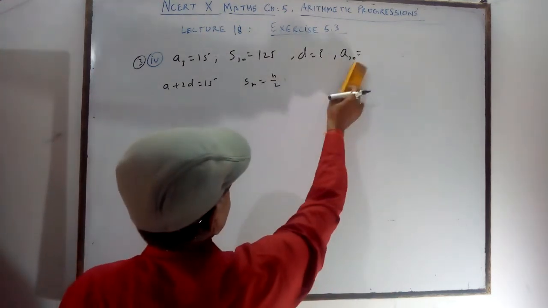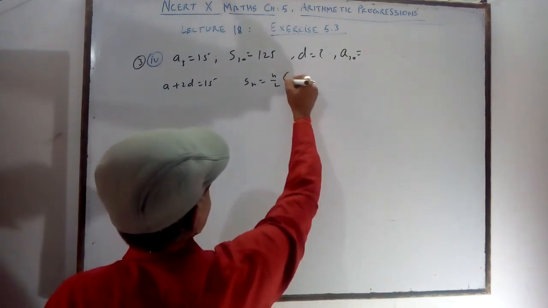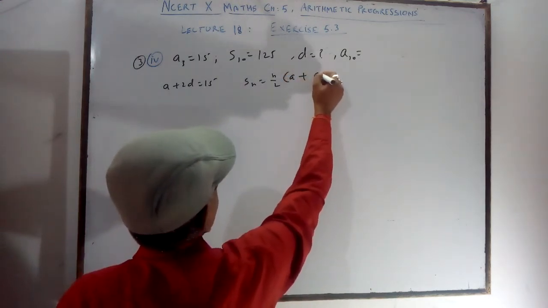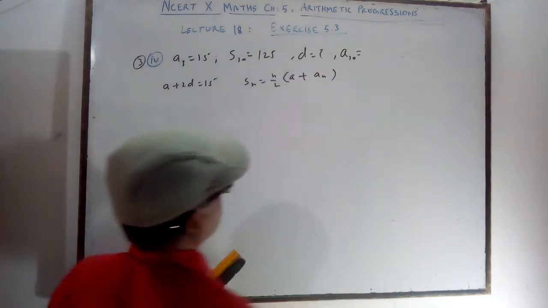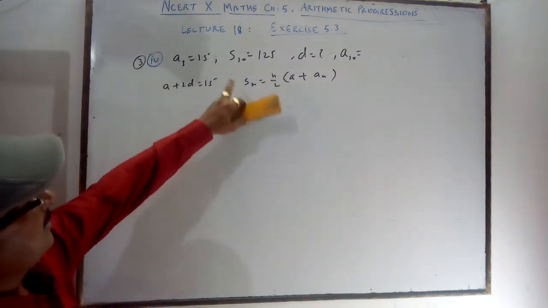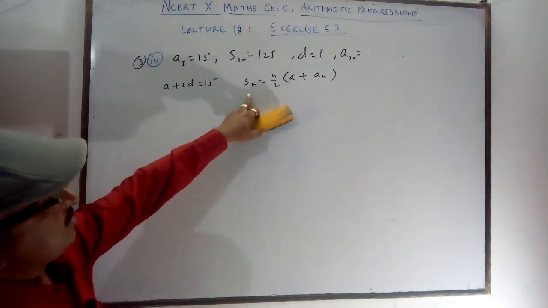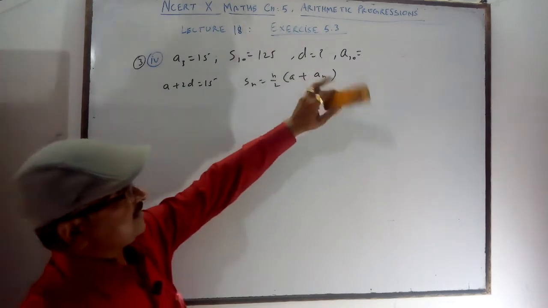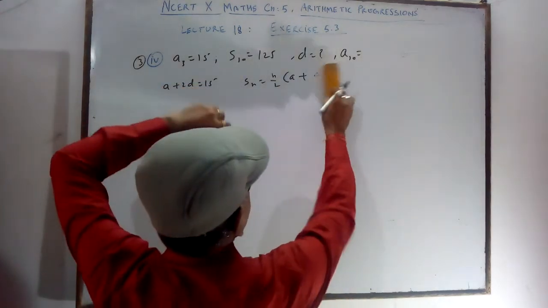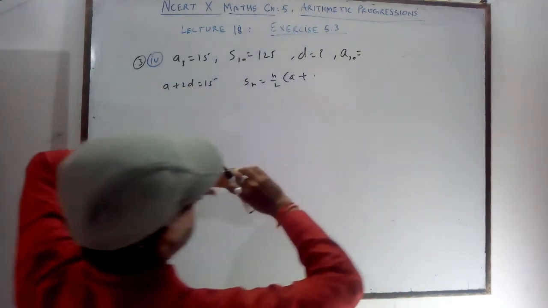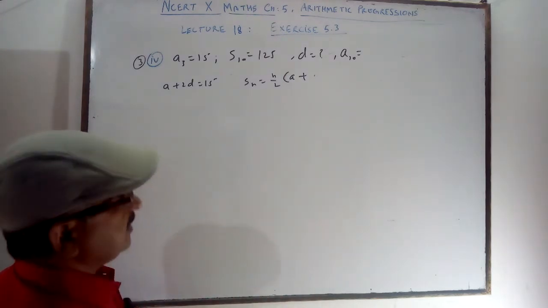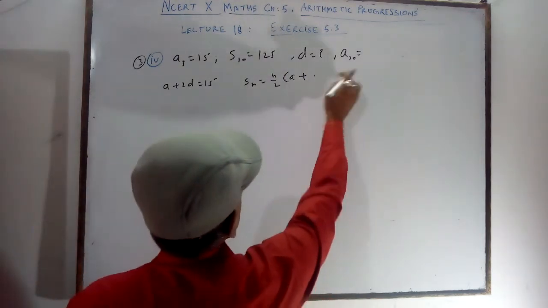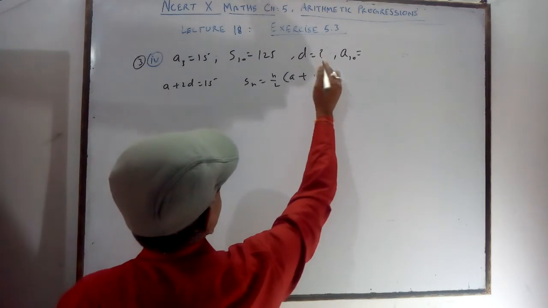You can apply the formula, Sn is equal to n by 2 into a plus an, or 2a plus n minus 1 into d. A10 is not given.